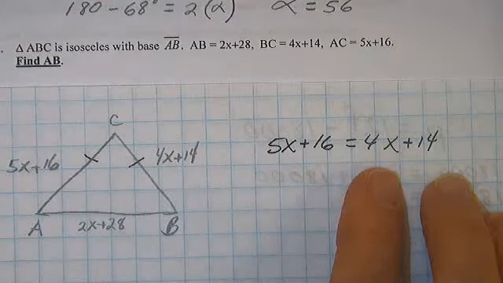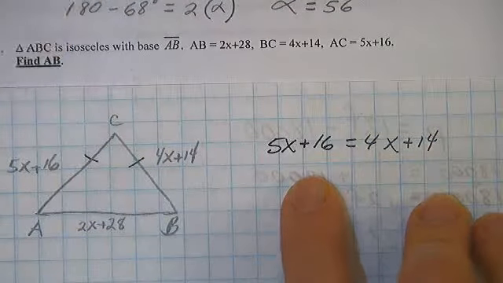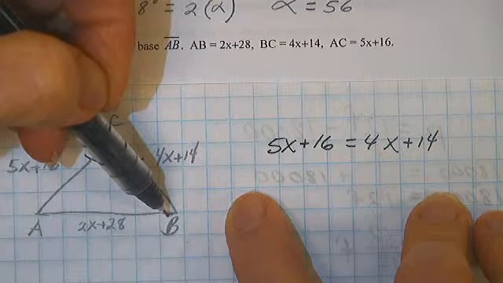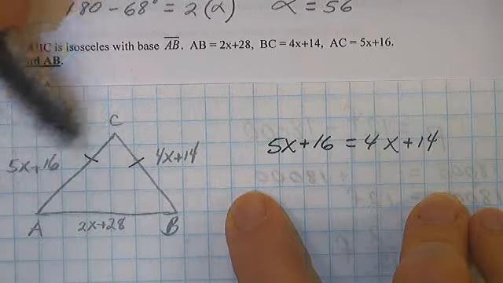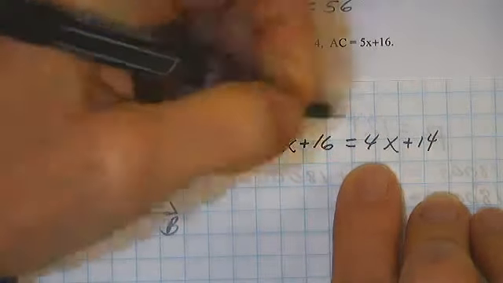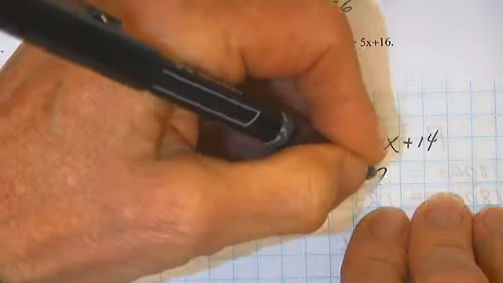I think this is going to give me a negative number. BC is 4x plus 14. AC is 5x plus 16. Okay, watch. X equals negative 2.